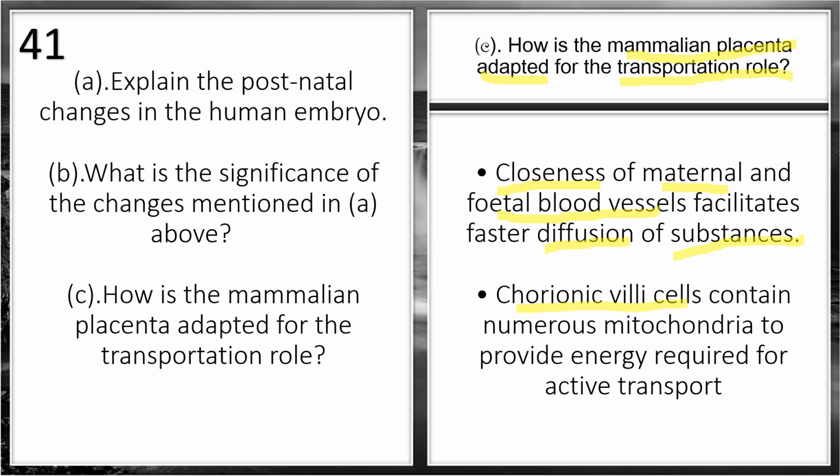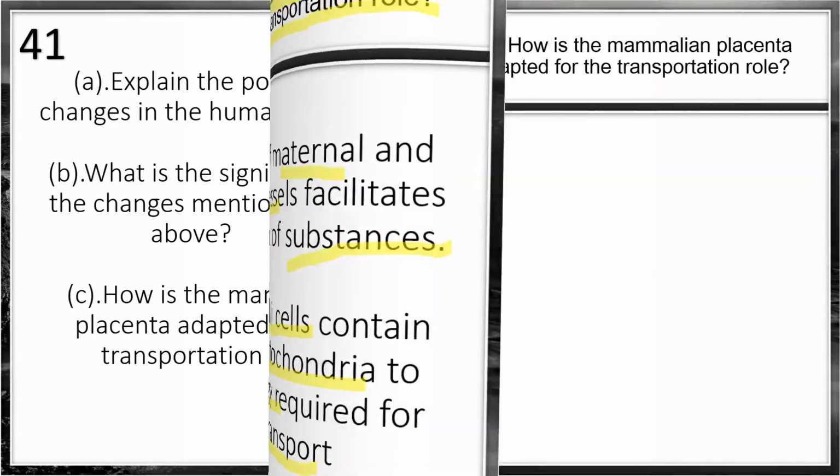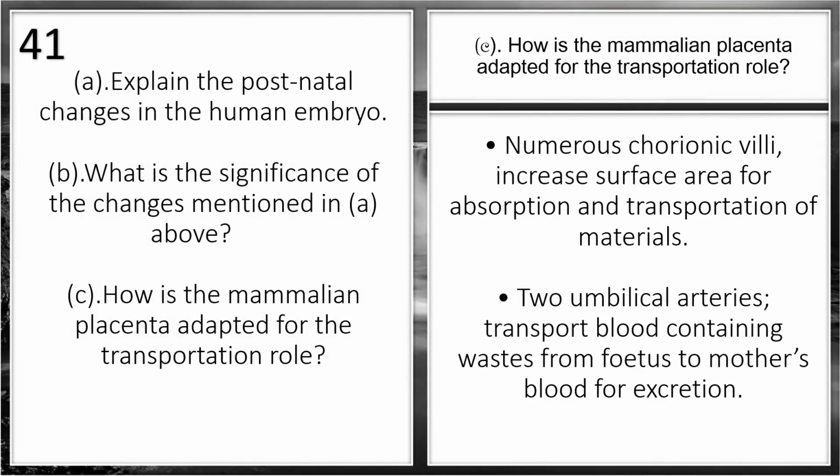Chorionic villi cells contain numerous mitochondria to provide energy required for active transport. Numerous chorionic villi increase the surface area for absorption and transportation of material.